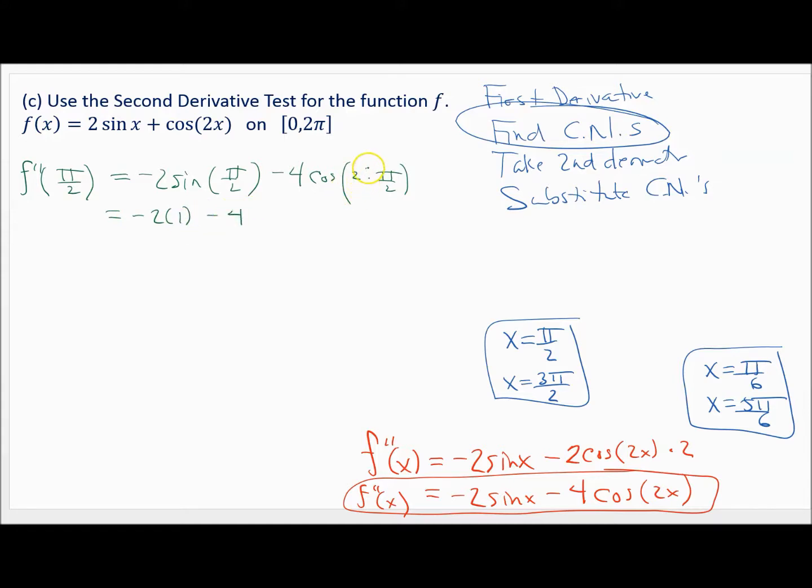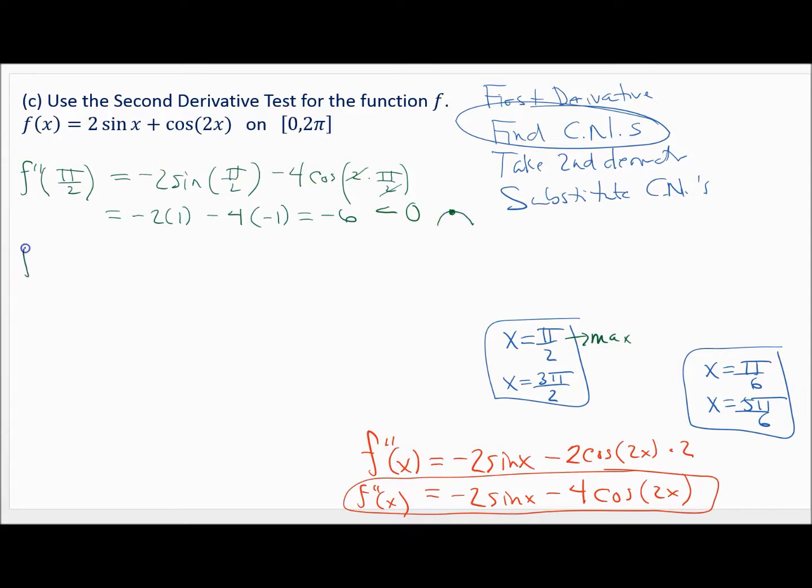The cosine, these twos cancel. Cosine of pi is negative 1, so I have negative 6. Okay, now what matters is that's less than 0. You remember when the second derivative is less than 0, you're talking about concave downward. So would that not give us a max right there? Because concave downward means you have a relative max.